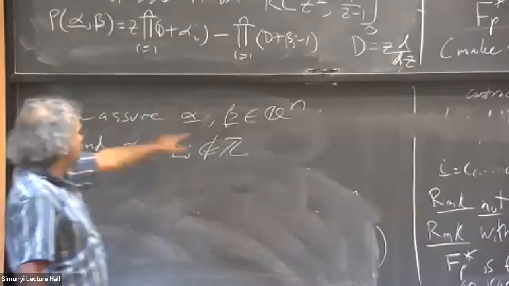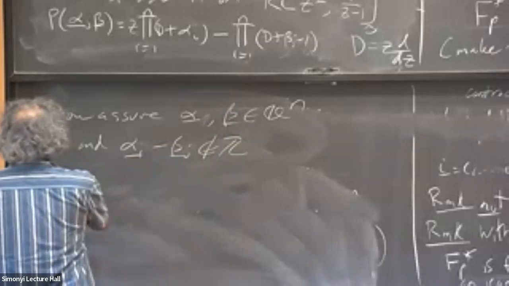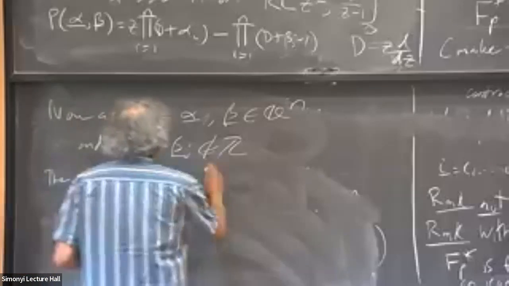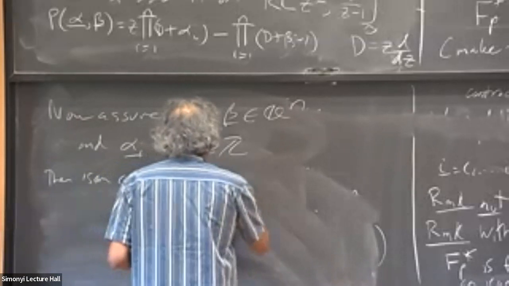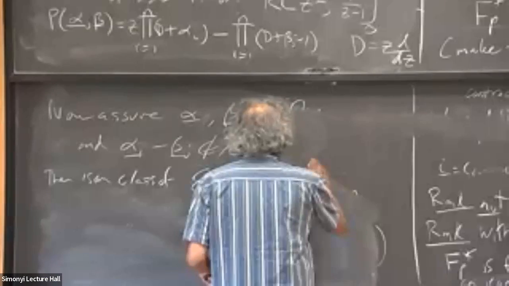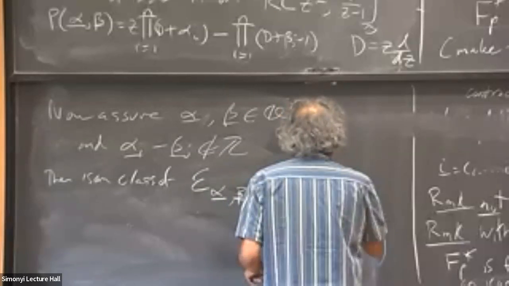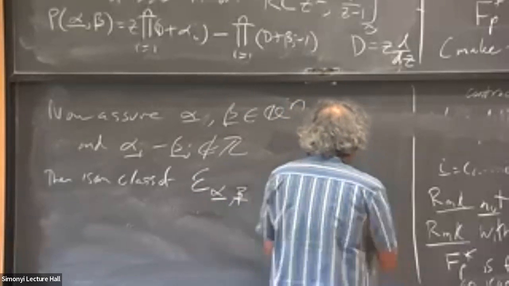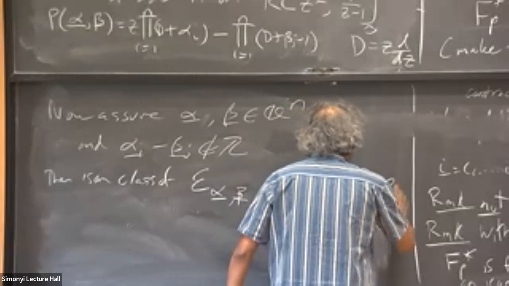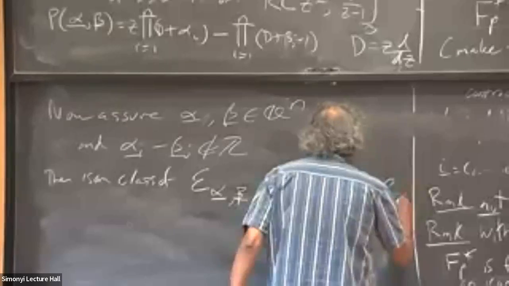The point is that if I take E alpha beta and I invert P, so I base change to a place where P is inverted.